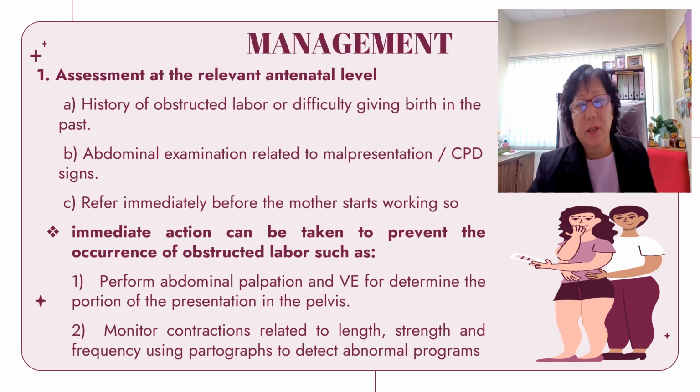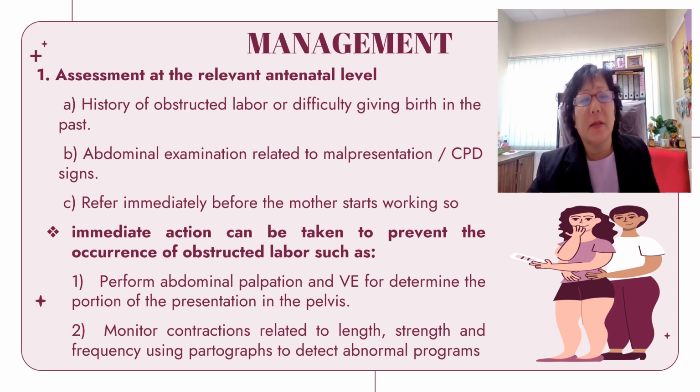Management of obstructed labor. As a nurse, we have to do the assessment at the relevant antenatal level. A, history of obstructed labor or difficulty giving birth in the past. B, abdominal examination related to malpresentation or signs of cephalopelvic disproportion.